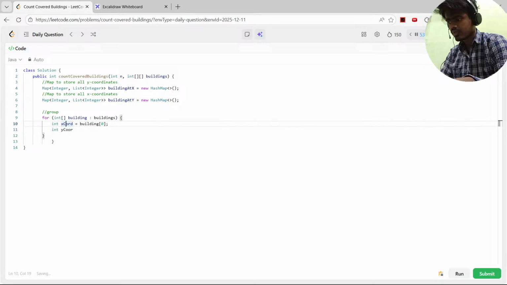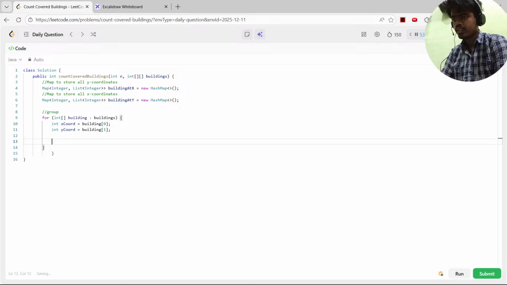Let's say this is equal to building one, and then we add the y coordinate to the list of buildings at this x. So we first add the y coordinates.